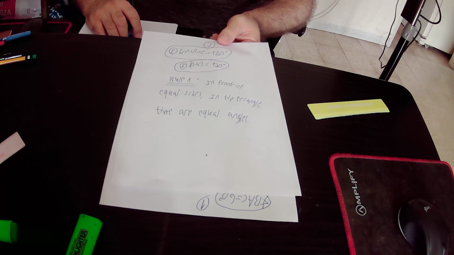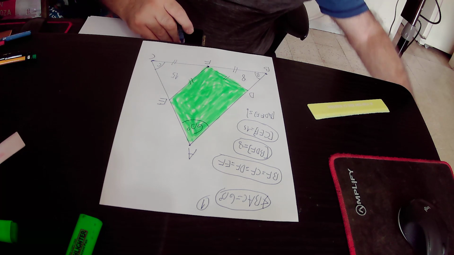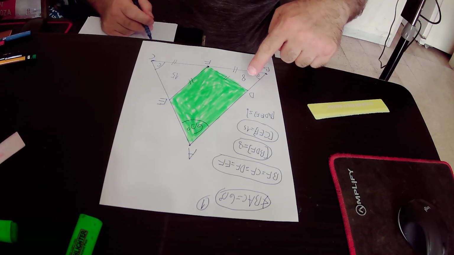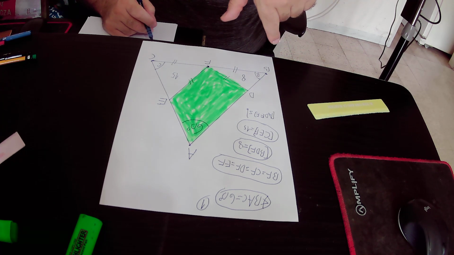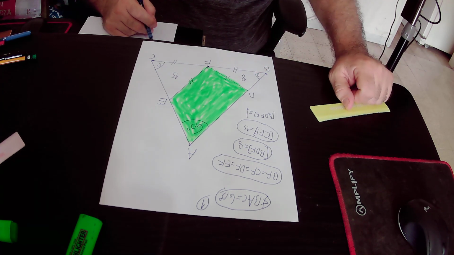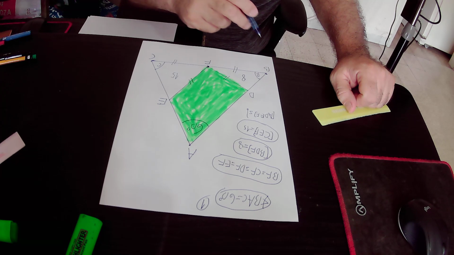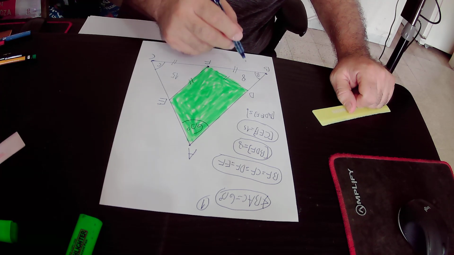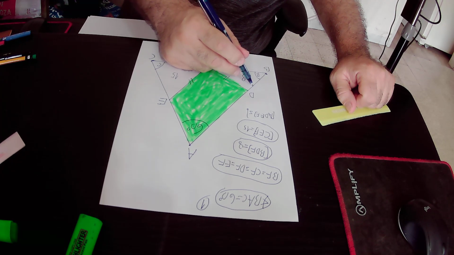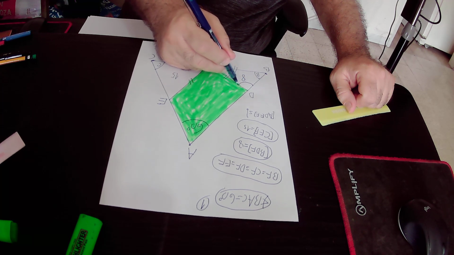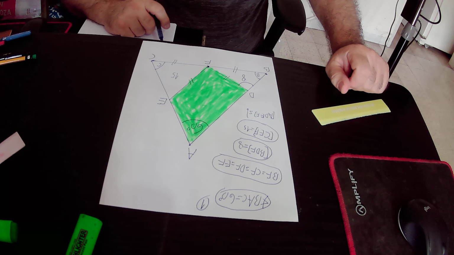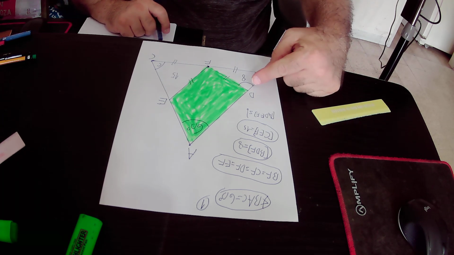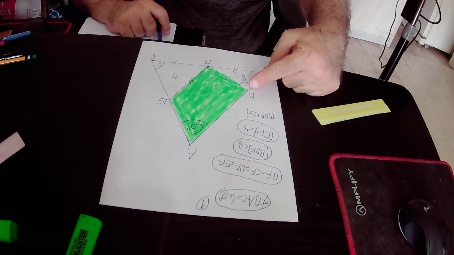So actually, if you focus on triangle BDF, we know it is given in the question that BF equals DF, and in front of side BF we have angle BDF, and in front of side DF we have angle B. So according to rule number 1, those two angles that are located in front of equal sides are also equal to each other.